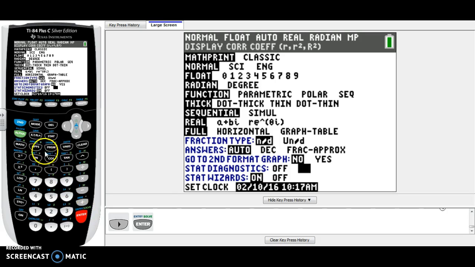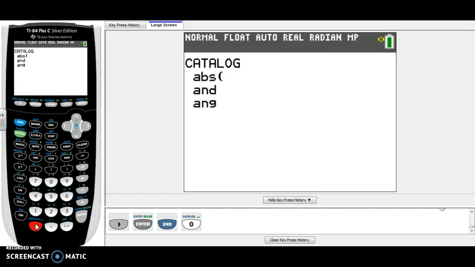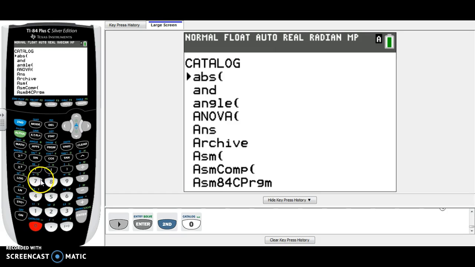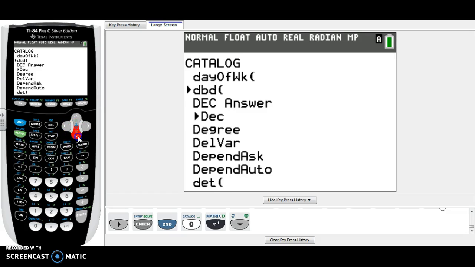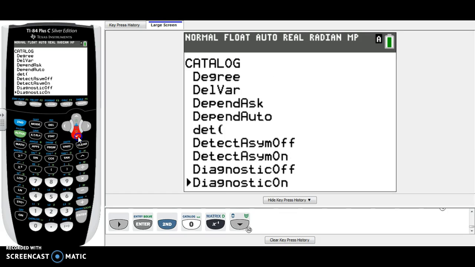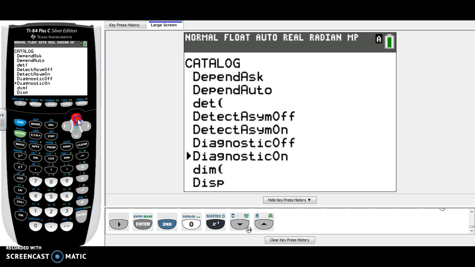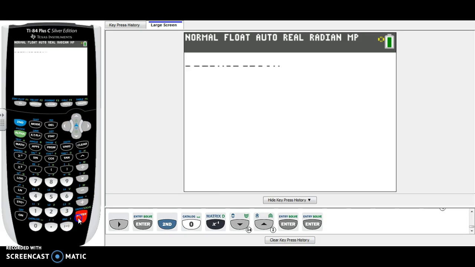Another way to do it would be to go to second, press the 0 for catalog, go down to letter D till you get to diagnostics, and then press enter twice. So two ways to turn your diagnostics on. Remember, it has to say done.